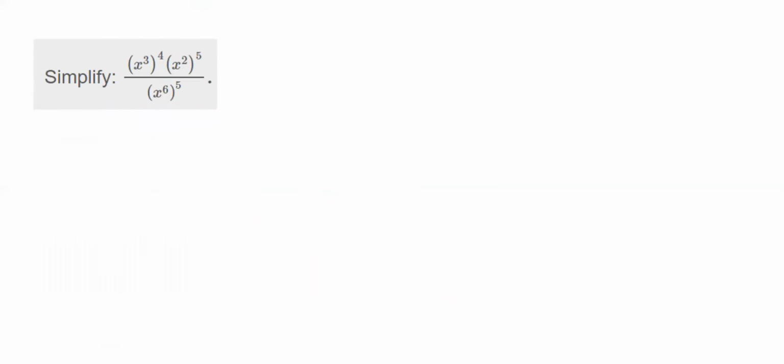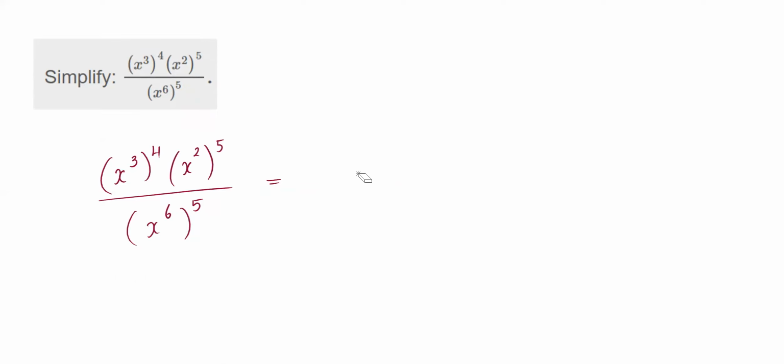Let's wind up with this one. X cubed power 4, x squared power 5, all over x power 6 power 5. Okay, instantly I see that each term has stacked powers. So I decide what method I'm going to use. I'm going to work on the power property.